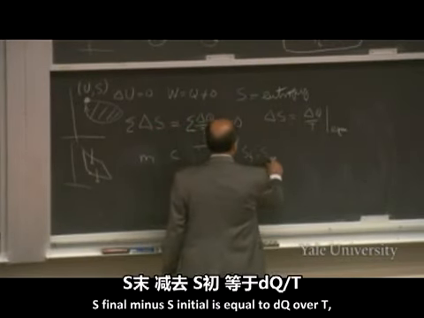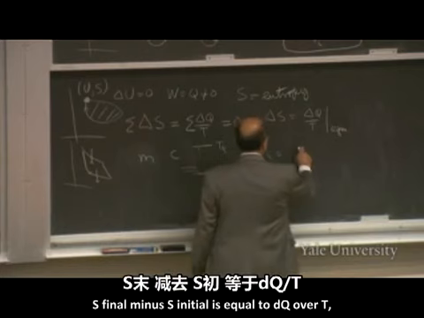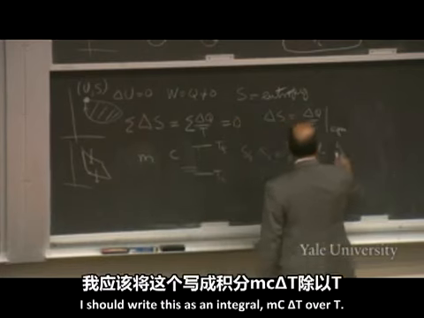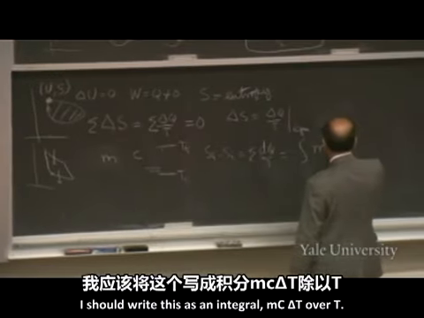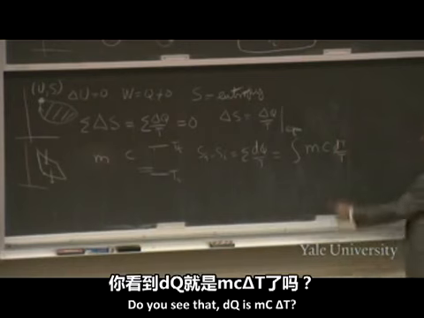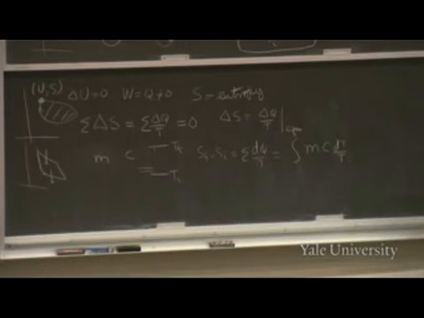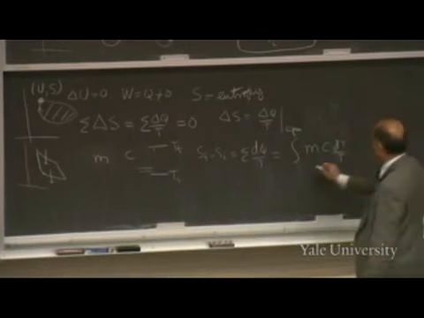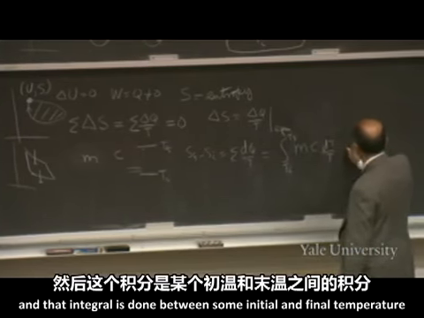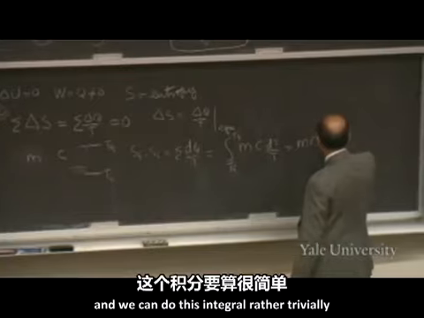S final minus S initial is equal to dq over T, summed over all the parts, or I should write it as an integral, as mc delta T over T. Do you see that? dq is mc delta T. But I've got to divide by T, and that integral is done between some initial and final temperature, and we can do this integral rather trivially.